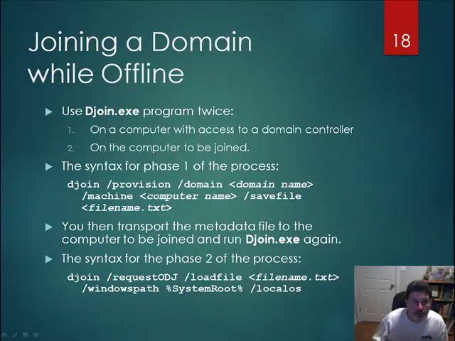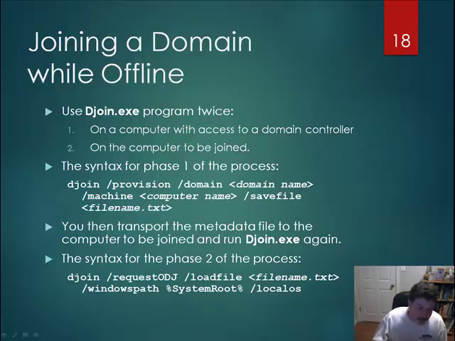I also have the ability to join computers to the domain while they're offline. This is a two-part process using the djoin.exe program. So on the computer with access to the domain controller, I would simply type djoin and the command to activate that system, and then it's going to generate a file called whatever you call the file, .txt, and then that text file is imported onto the computer to be joined, and then I will run the djoin.exe command again on that system, and that will complete phase 2 of the process.